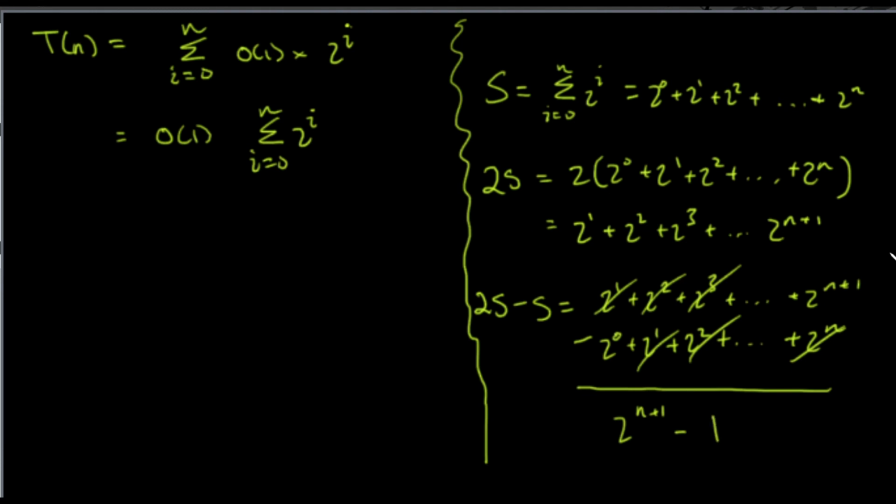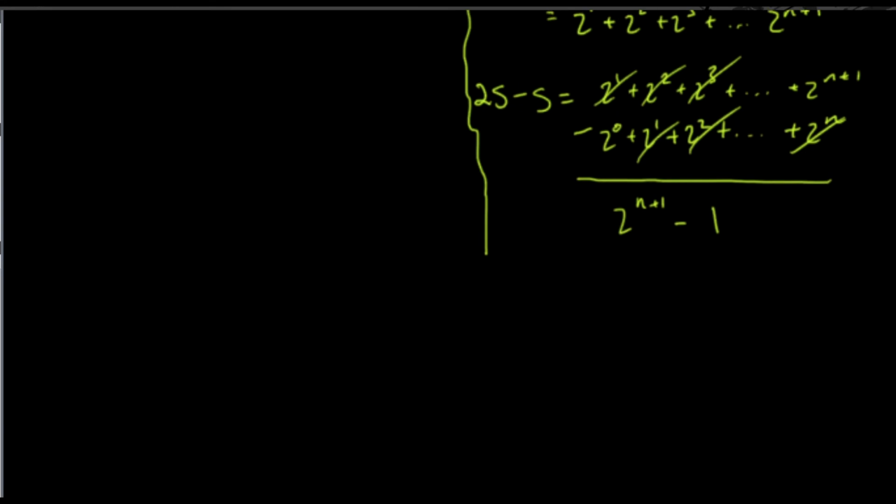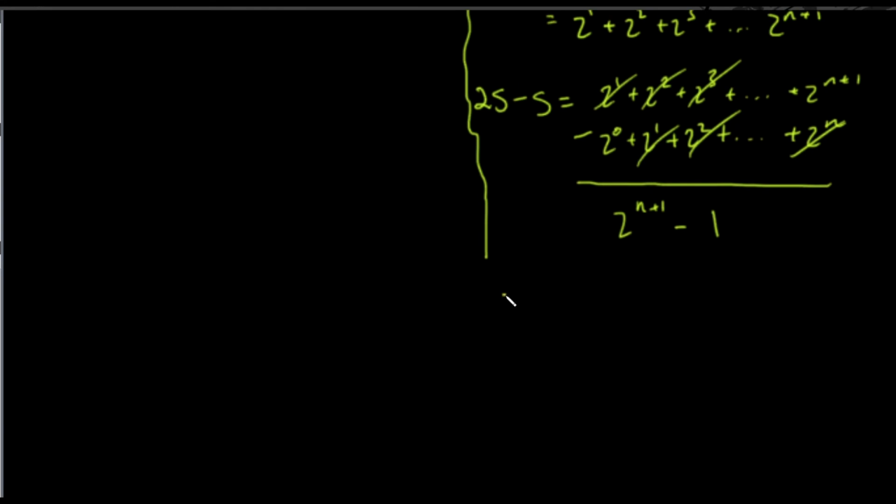And here on the left side, we're going to factor out an S, and just be left with a 2 minus 1 here, equaling that. So we get S, our original sum that we were interested in, is just that divided by that, which is just 1, which means this cancels out.